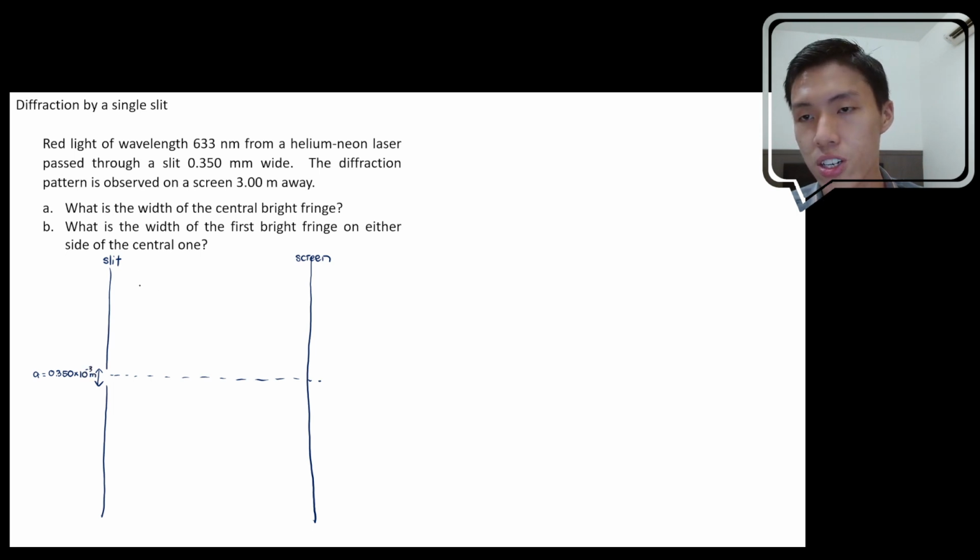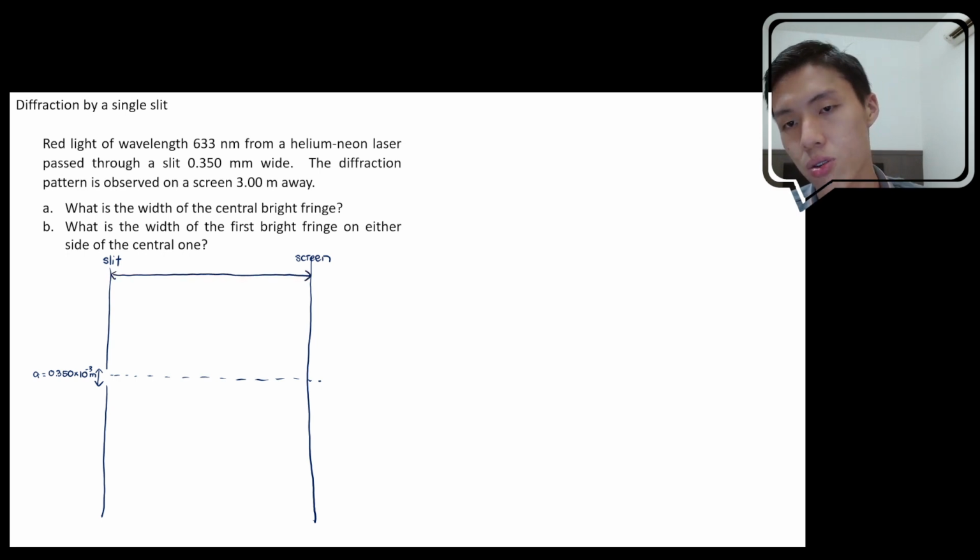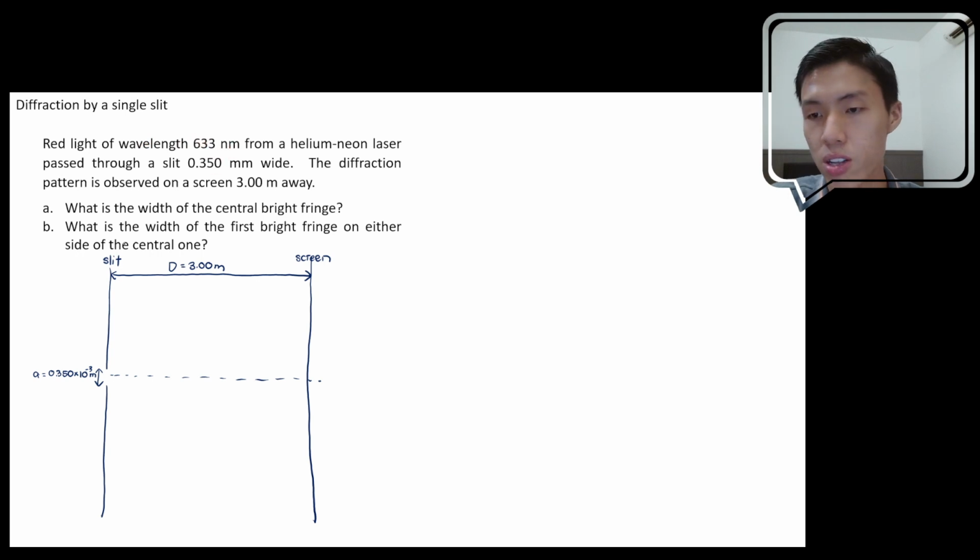And then the diffraction pattern is observed on the screen 3 meters away. So from the slit, go 3 meters to the right. That's where you find your screen. So this will be big D, the distance between the slit and the screen. You also have red light of 633 nanometers, so I'm going to represent it using a plane wave because that's what we have before it passed through the slit.